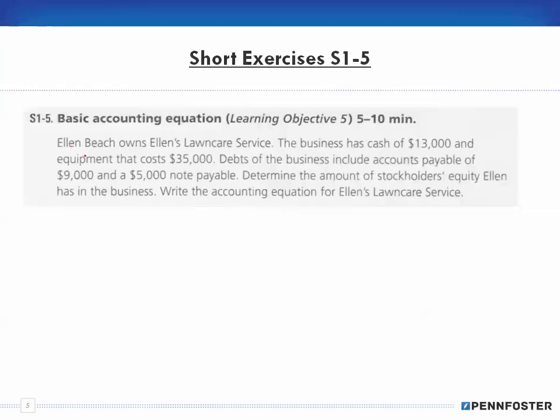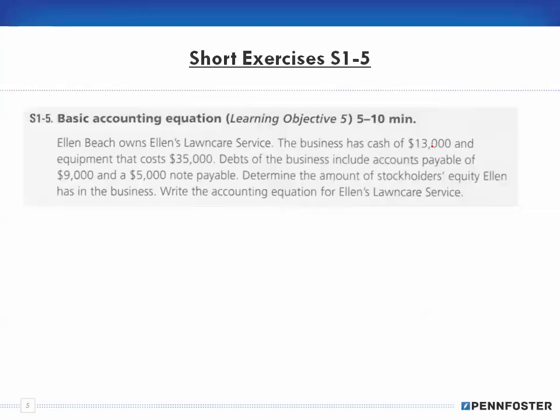1-5. Ellen Beach owns Ellen's Lawn Care Service. The business has cash of $13,000. When I read that, the first thing that came into my mind is cash is an asset, and we have 13,000, and that amount might go up and down.